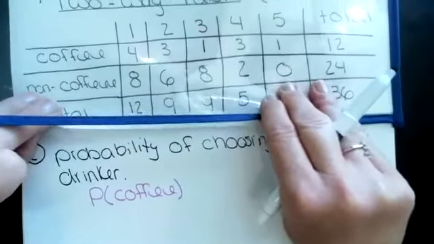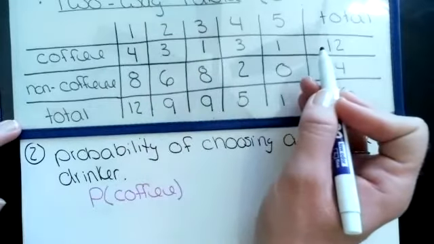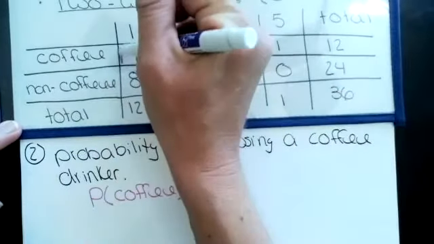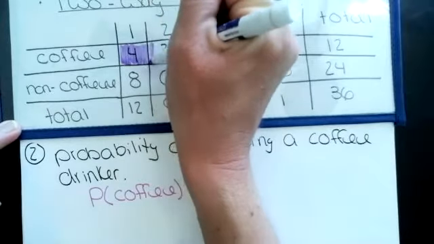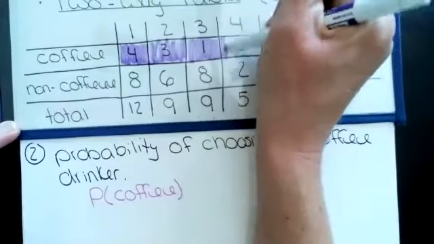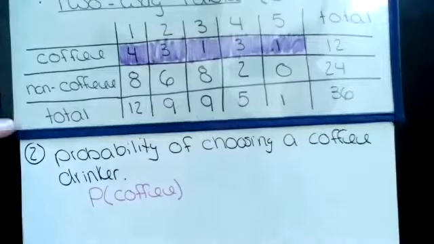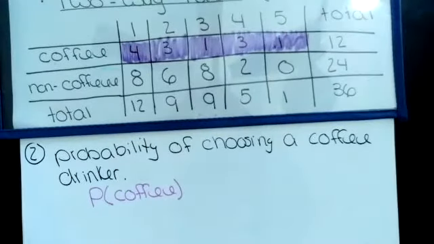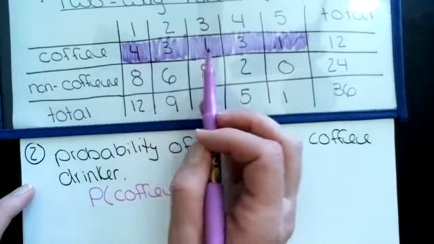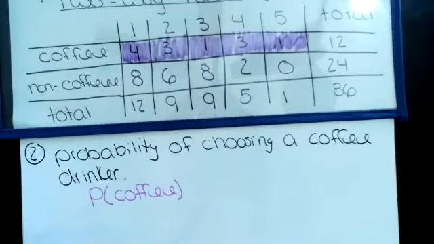So in this case, I'm going to take this entire row of coffee drinkers. Rows go horizontal and columns are vertical when I refer to rows and columns. So I'm going to shade in the entire row of coffee because that's what I'm interested in. And again, just like the previous one, I'm going to add these up and get my numerator from adding up the shaded blocks.